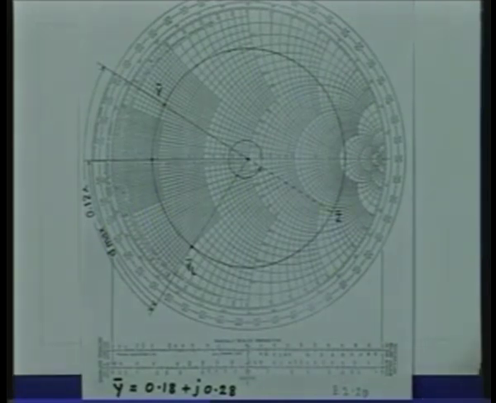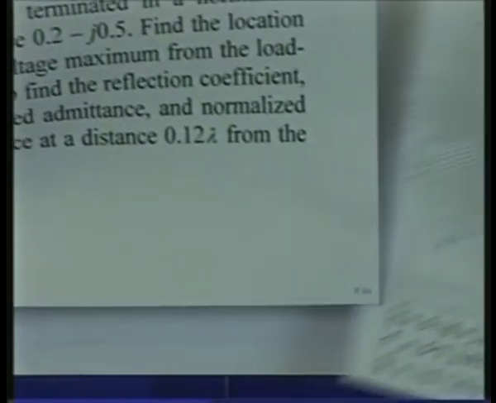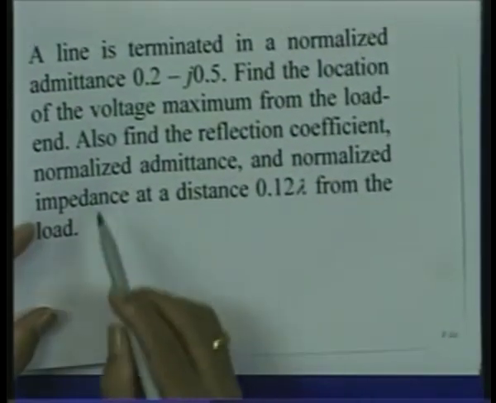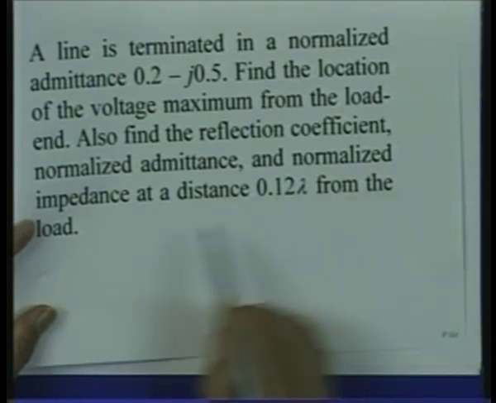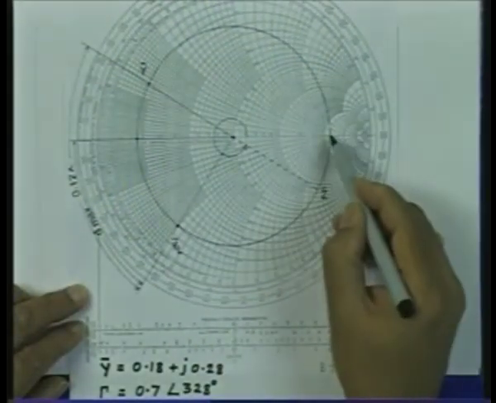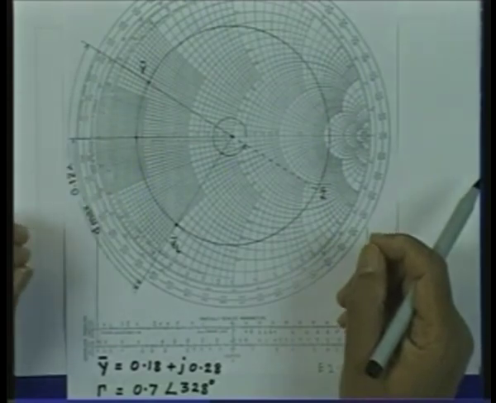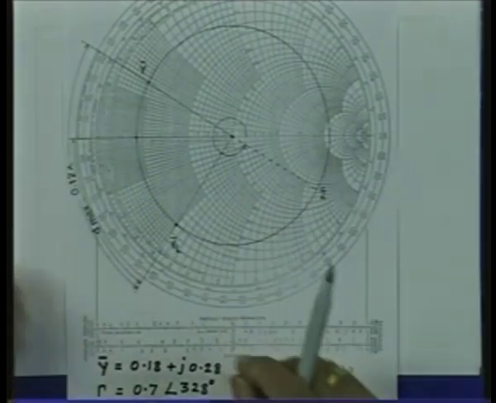Now, we are asked to find the location of the voltage maximum from the load and also find the reflection coefficient, normalized admittance and normalized impedance at a distance of 0.12 lambda from the load. So, first, to find the voltage maximum, since we are now using the admittance chart, the voltage maximum does not lie on this point, because if you recall, the complex gamma axis has been rotated by 180 degrees.